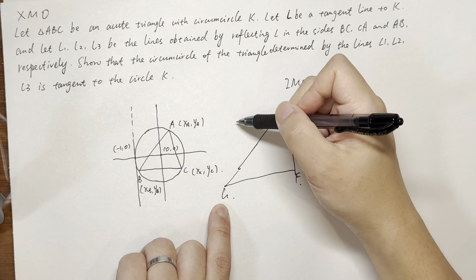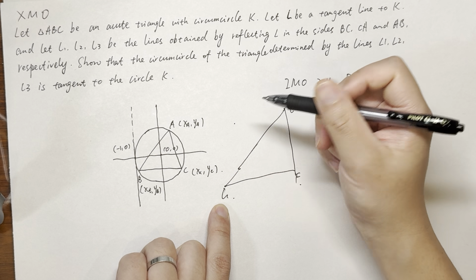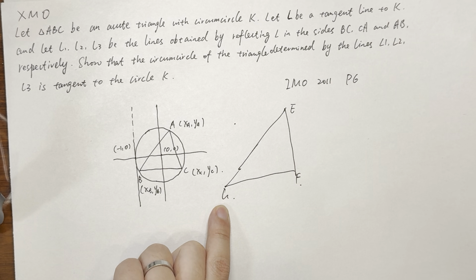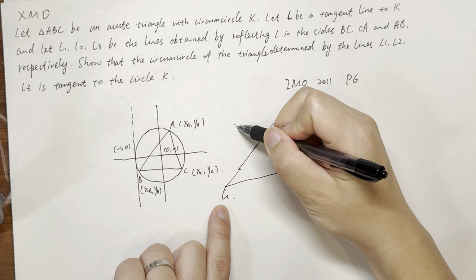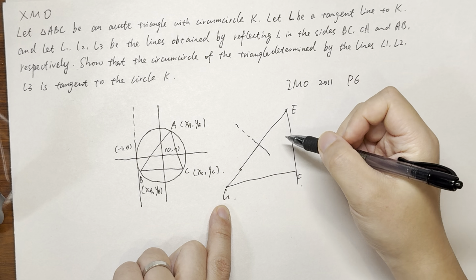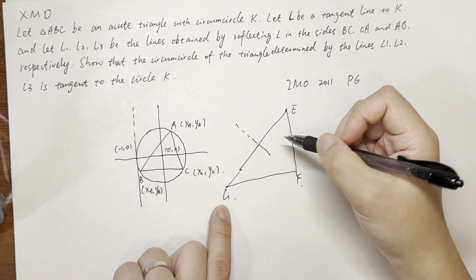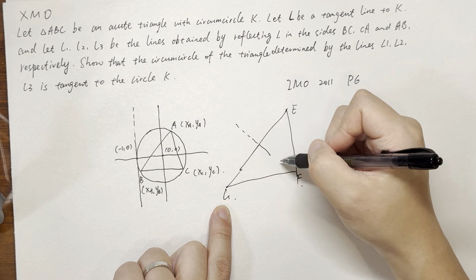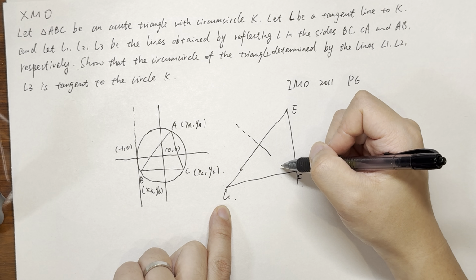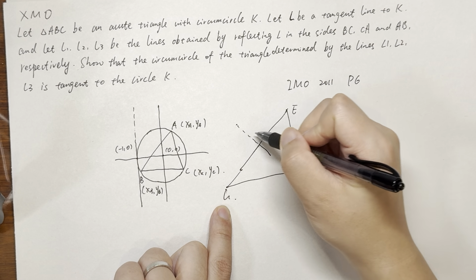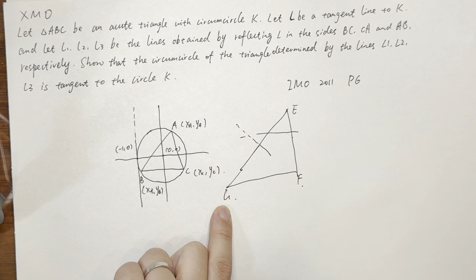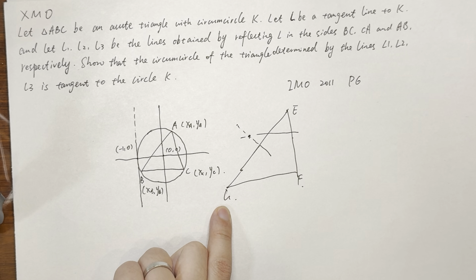And now it's easy to find the circumcenter based on the perpendicular bisector lines. We write down the line equations for these lines, and then we find the circumcenter.